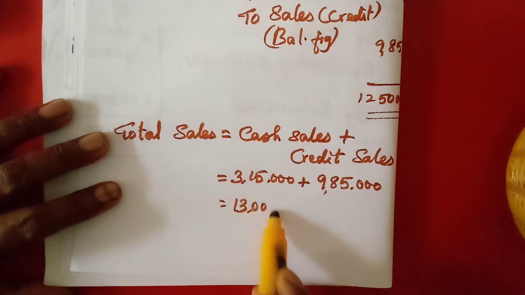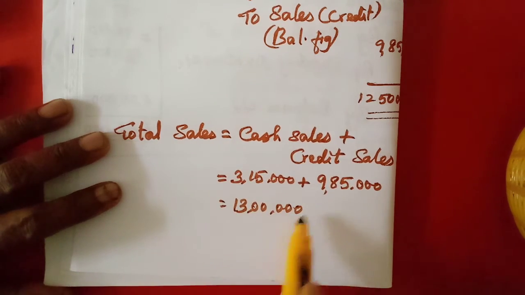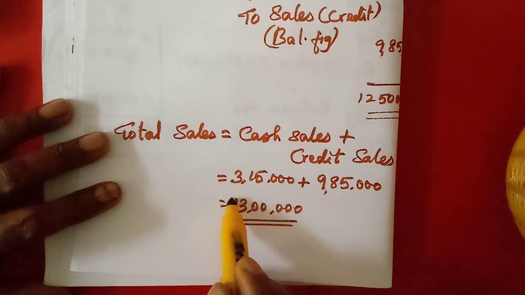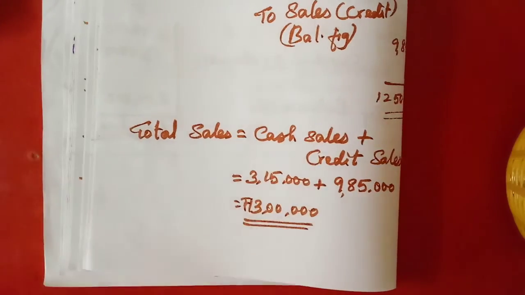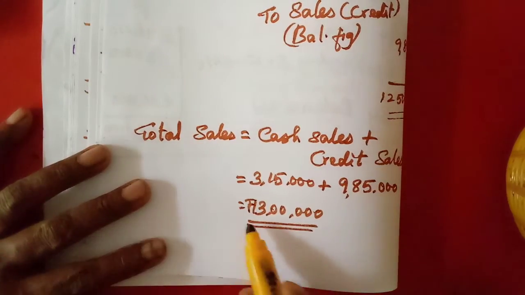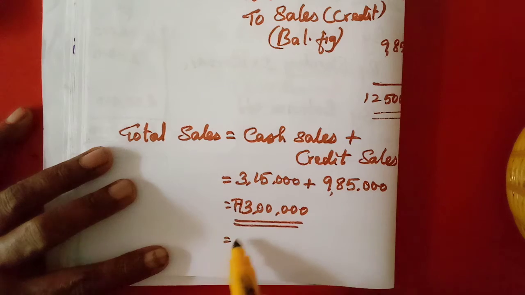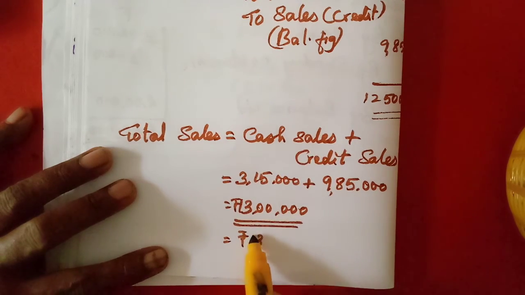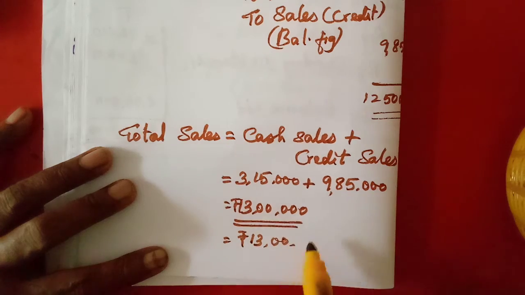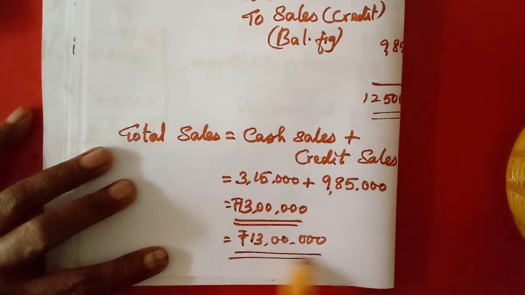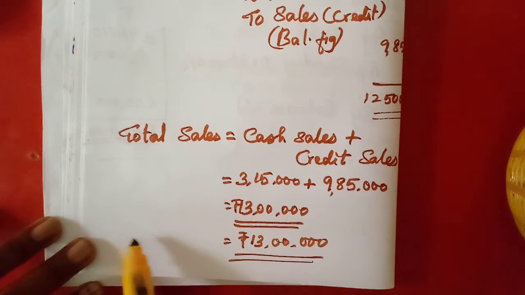You have to write there and calculate. The rupee symbol you have to write clearly. So 13 lakh. That's the answer. Again, you can write total sales.